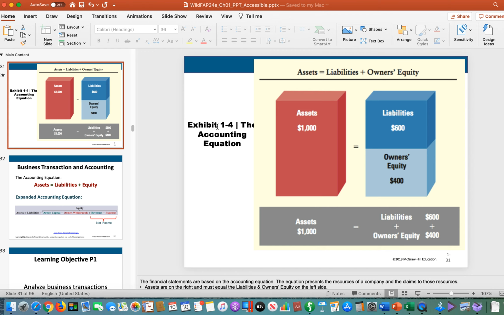This is the basic equation. This is the accounting equation. You must memorize it. You must know it completely and understand it. So, if you go back to your elementary school days or middle school days, maybe, look at this equation. Assets equals liabilities plus owner's equity. So what does assets minus liabilities equal?